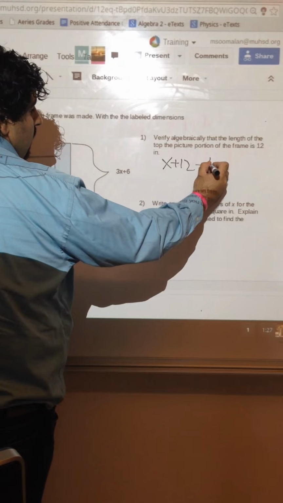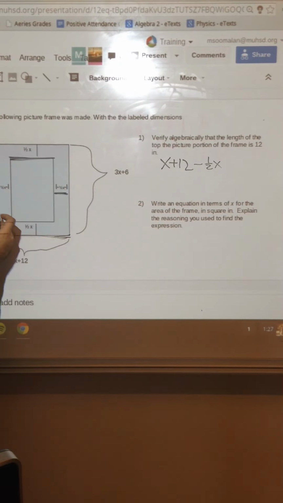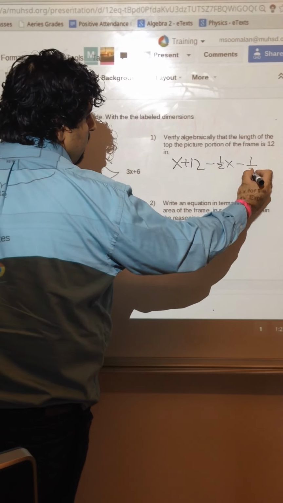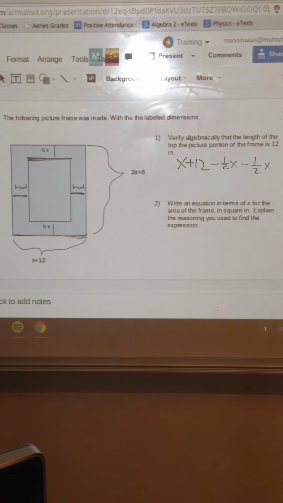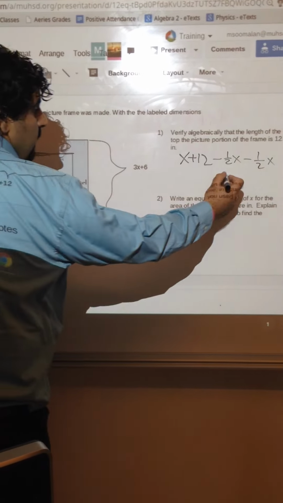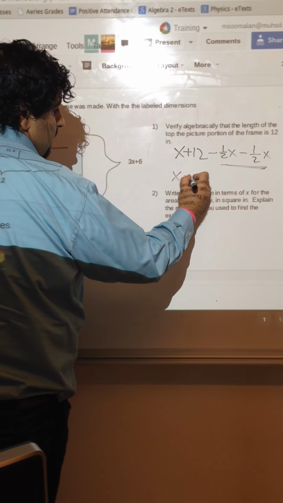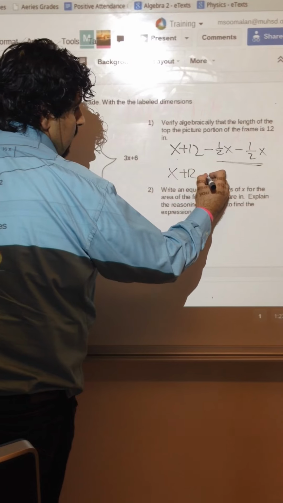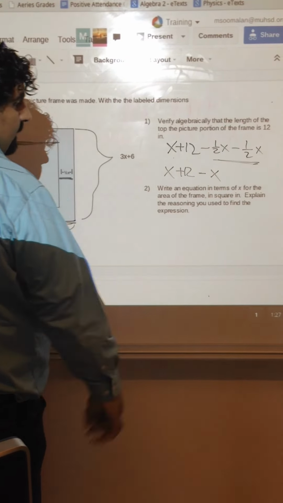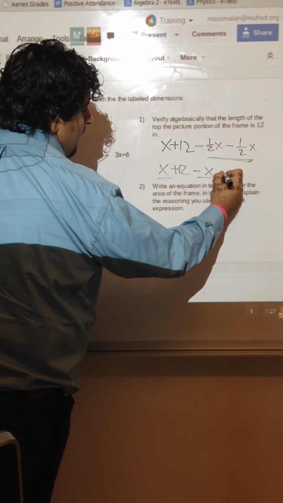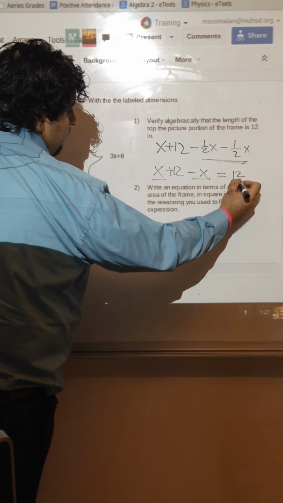So we take away 1/2 x, and we also take away this part, which is also 1/2 x. When you combine these two, you get x plus 12 minus x. This x and this x cancel, leaving you with 12.